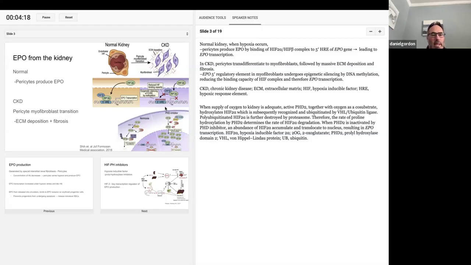What happens at the cellular level is really dictated by hypoxia: the PHD enzyme becomes activated and has hydroxylating properties that basically target all these factors that ultimately drive the transcription of EPO.